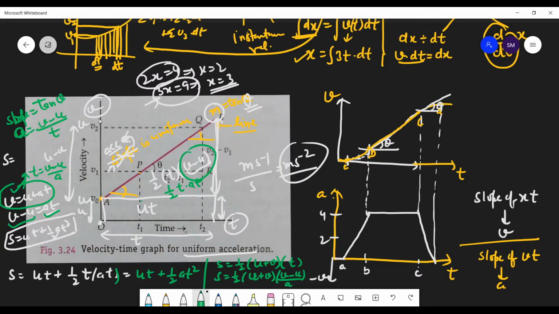Slope is a in a velocity-time graph. So slope is a, and tan theta is perpendicular upon base, v minus u upon t. So from here you get v is equal to u plus at. So this is how you have derived it. This first equation you have derived from the slope of this graph, and these two equations because displacement is the area under the graph.